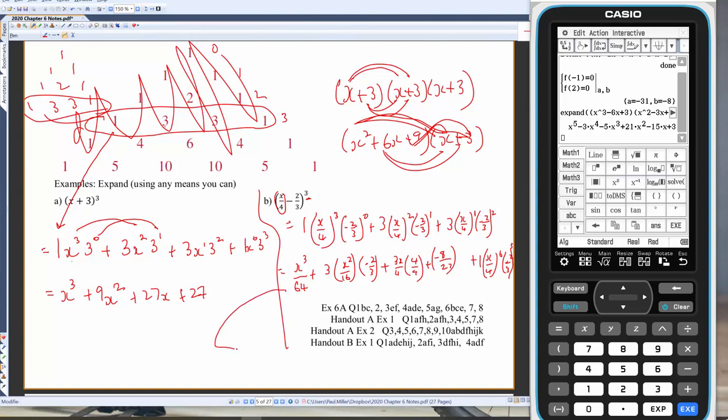Okay, so I'm just going to continue this down here. All right, so that's going to be x cubed over 64 plus, no, it's not going to be plus. We're going to have 3, so positive 3 multiplied by this negative. So this is going to be take away. So 3 times 2 is 6.